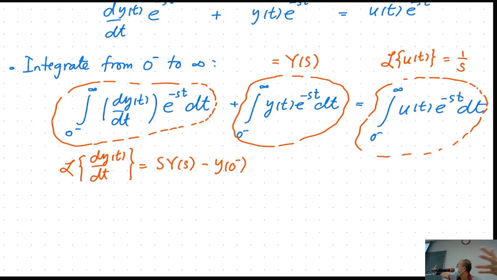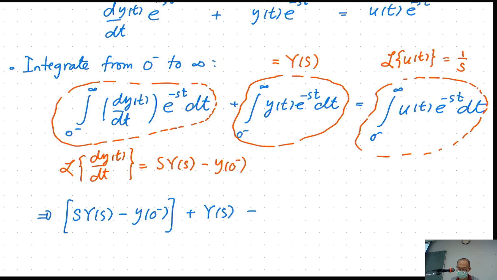Now we have all the ingredients, right? So we rewrite this equation in the s domain. It becomes s Y(s) minus y(0 negative), plus Y(s), equal to 1 over s. Now we have stepped fully into the s domain.